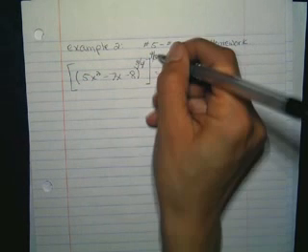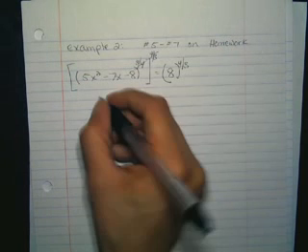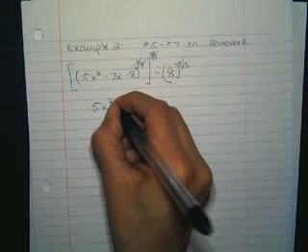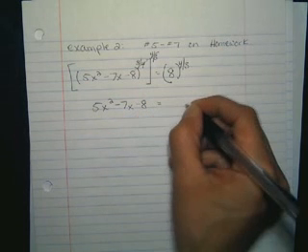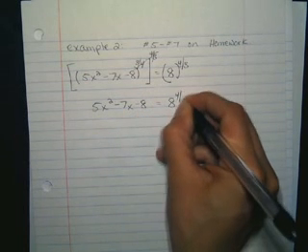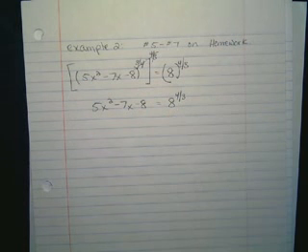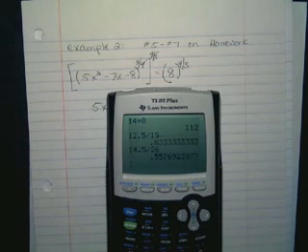The nice thing is these go away on that side, leaving us with 5x squared minus 7x minus 8 equals 8 to the 4/3. If you're going to use your calculator to help you calculate 8 to the 4/3, it's really important that you input it correctly, because you could have a serious error if you don't.